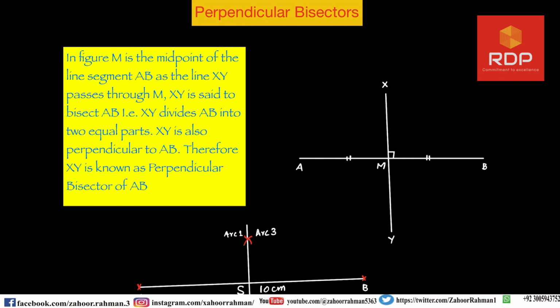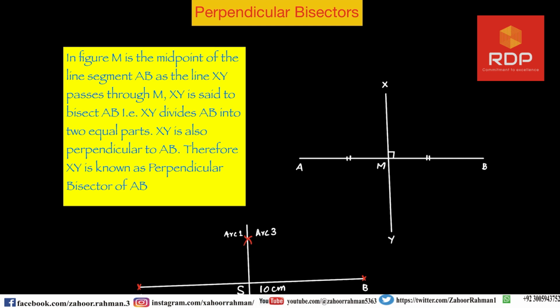Let me put a question in front of you and search for the answer on the internet: whether a trisector is also possible, if we want to divide this horizontal line AB into three equal parts. Is it possible? Search for it. That is a question and pondering time for you people.